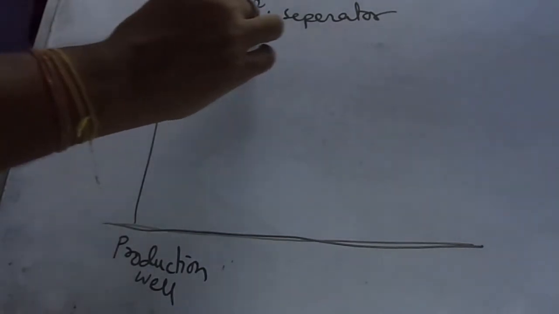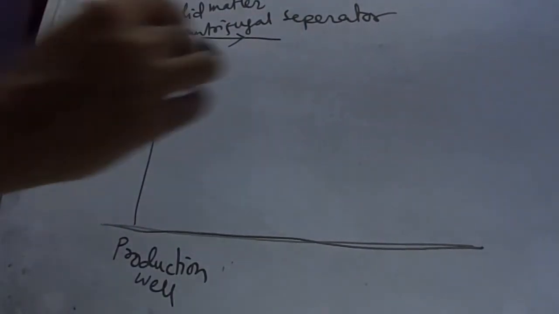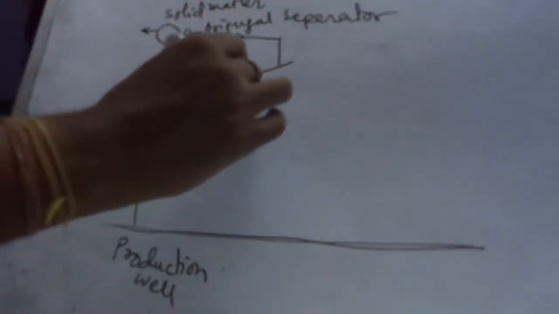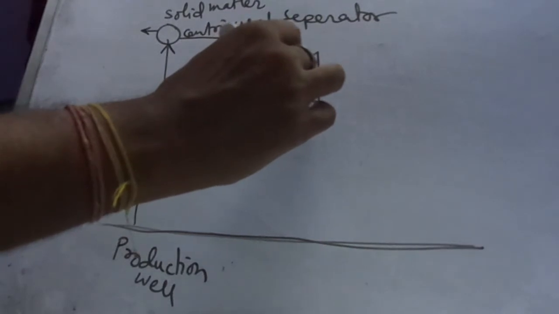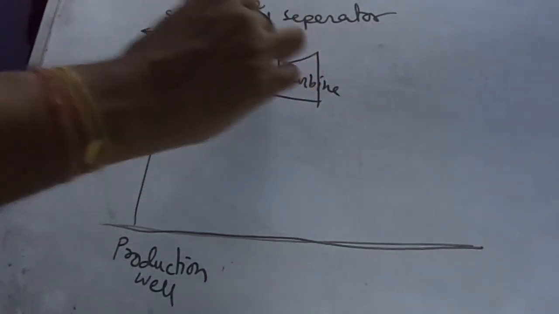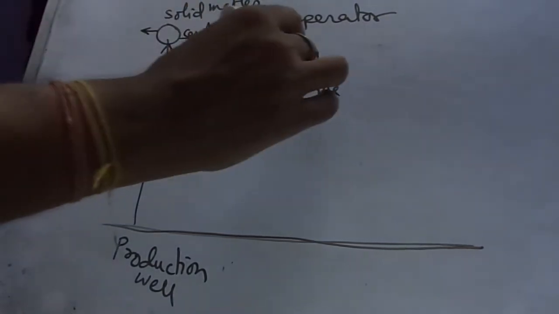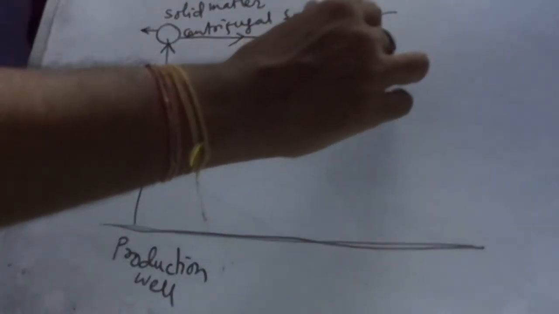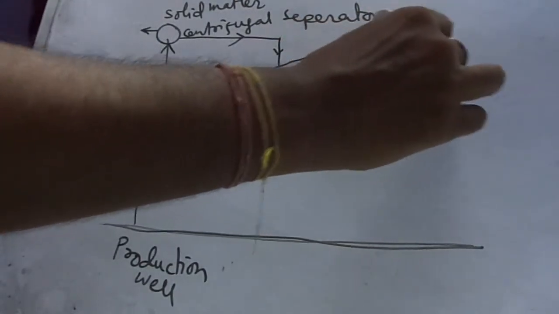this one is the dry steam line, and it goes to the saturated turbine. Saturated turbine to generator, very important. This is the generator.